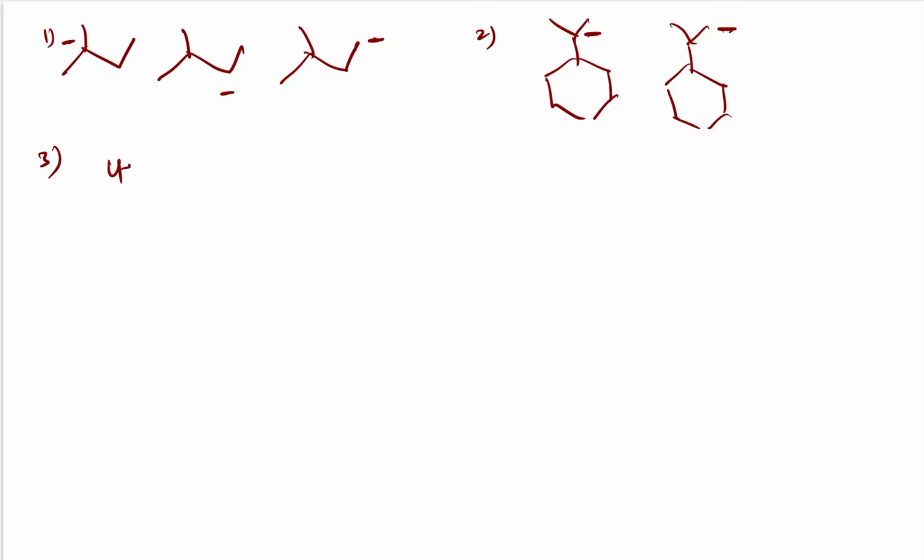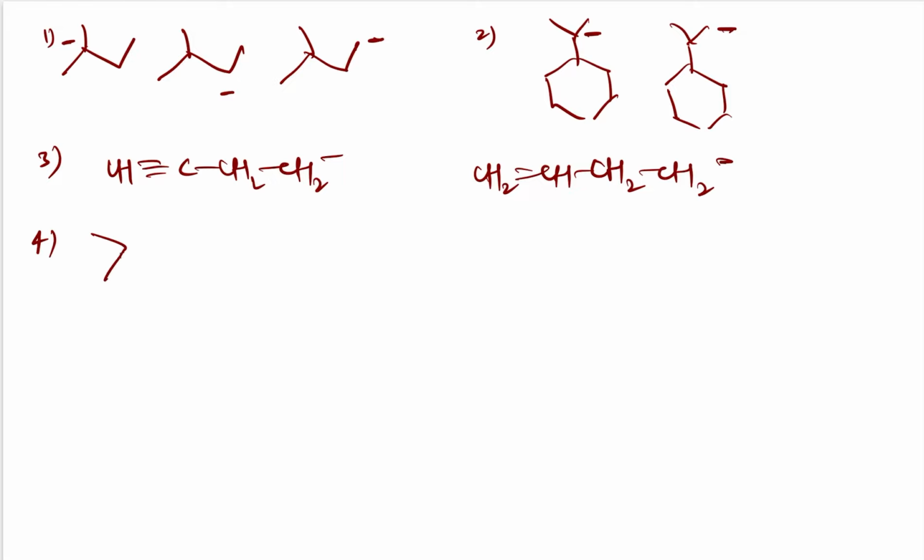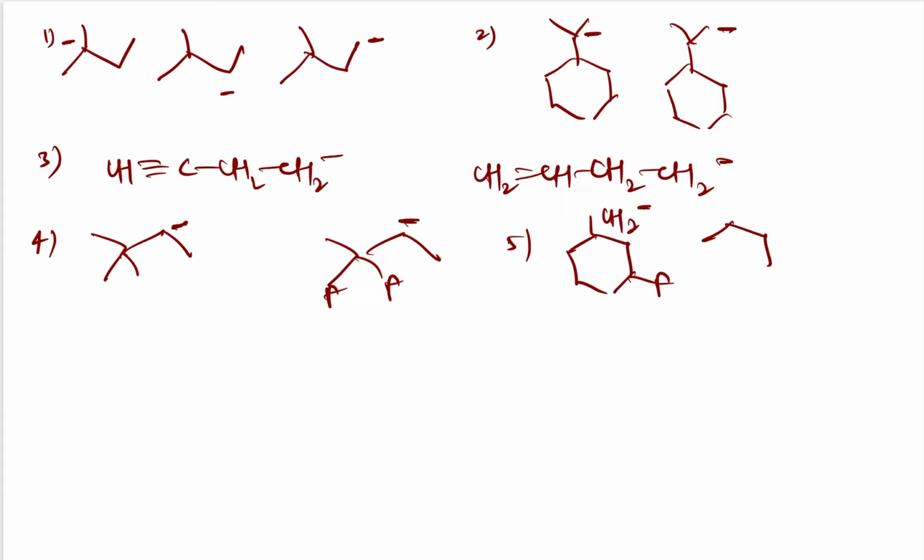Third problem: CH2=C(CH3)CH2 negative, and CH2=CH-CH2-CH2 negative. Fourth, we have negative charge over here, and fluorine, fluorine, negative over here. Fifth, we have CH2-F and CH2-Cl. Sixth, we have a negative charge in a double bond.